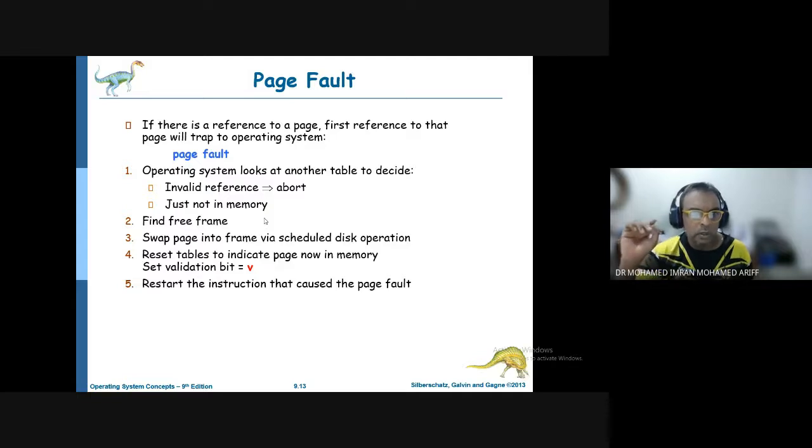So if there is a reference to a page, the first reference will create a page fault.